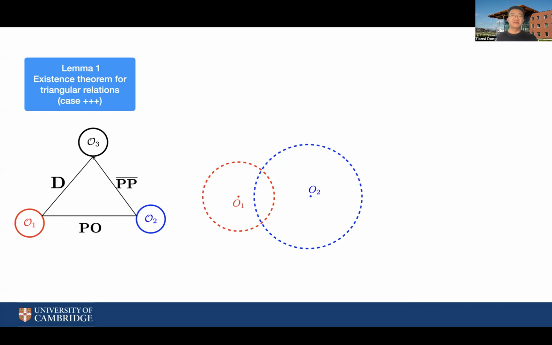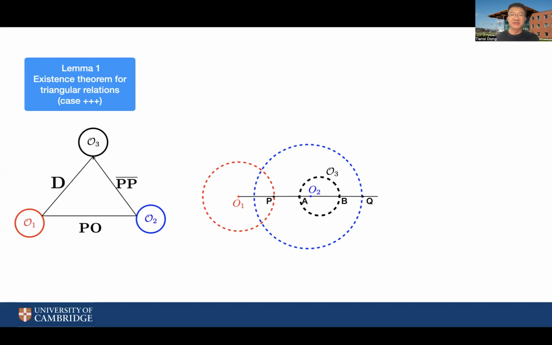What we can do is connect their central points, and this segment intersects with the boundary of sphere 1 at point P. Then we extend this line to intersect with the boundary of sphere 2 at point Q. Then we randomly select a point A between P and O2, and select another point B between O2 and Q. Then we draw a sphere taking AB as a diameter.